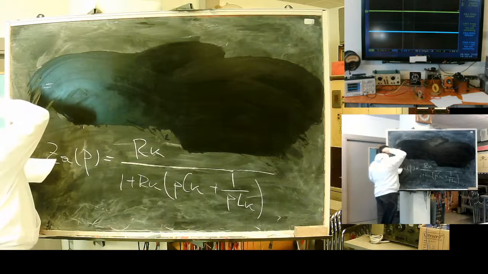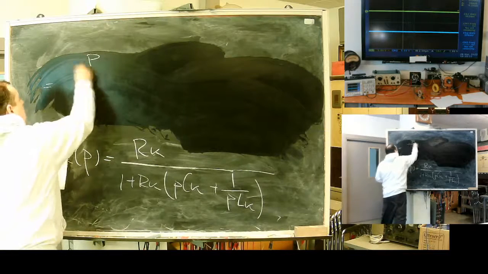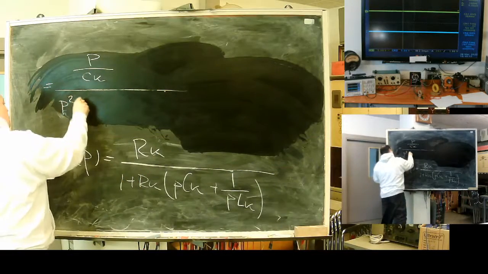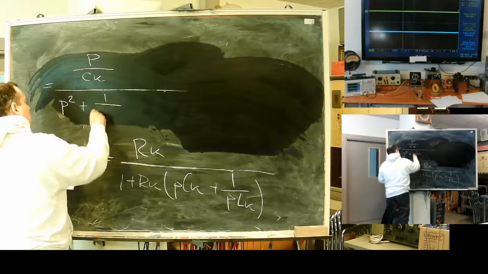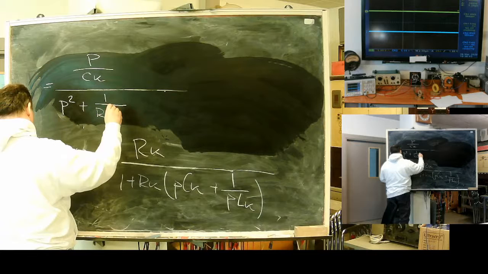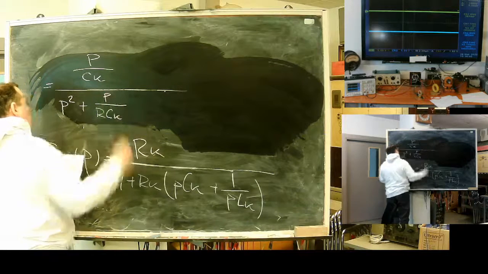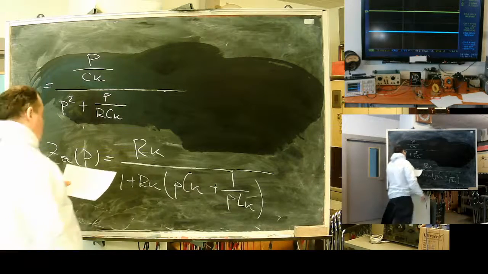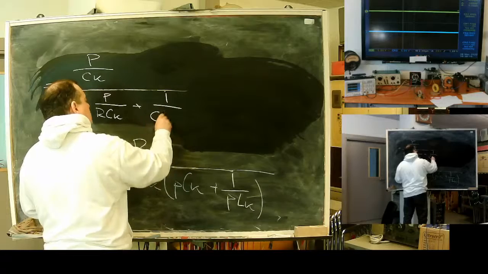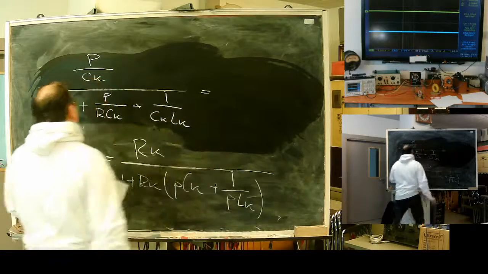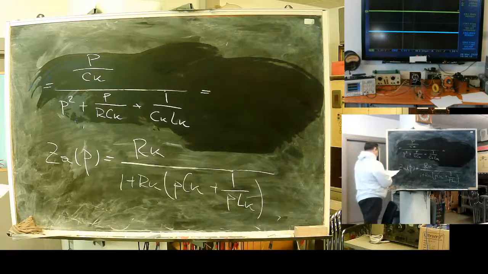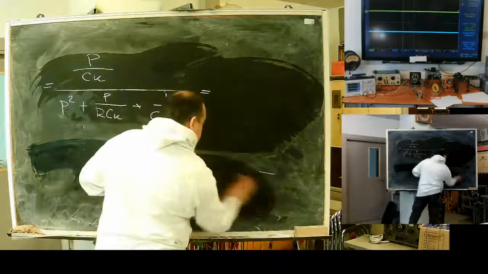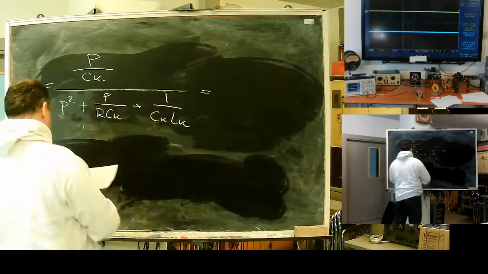S A E divided by contour capacitance, p squared plus 1 against R, p, and plus 1 against L. This one looks very familiar.